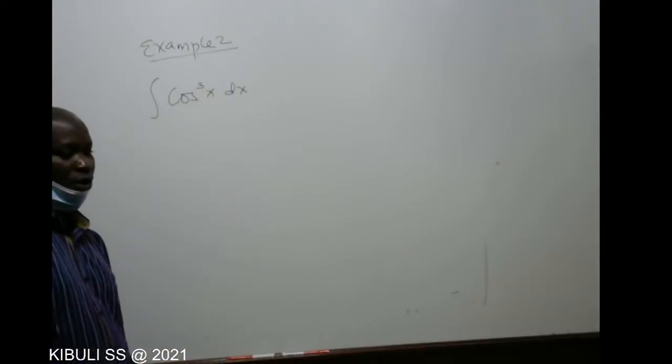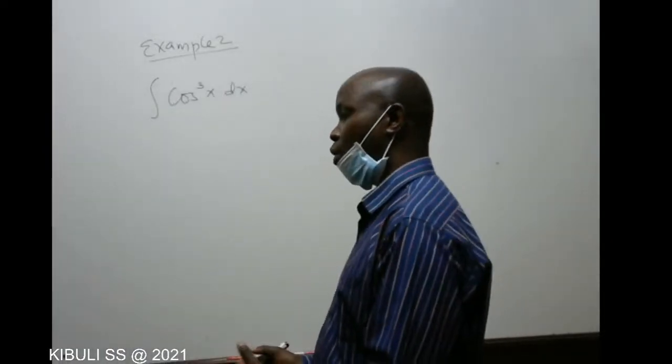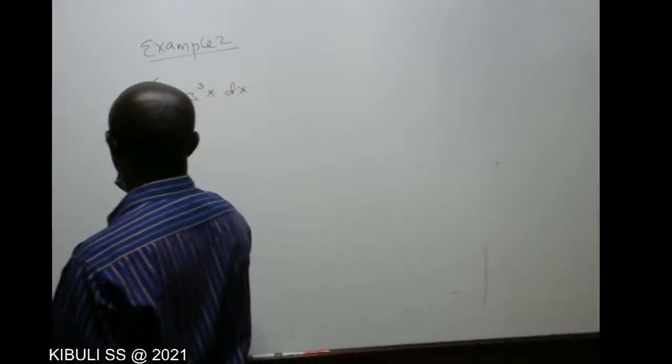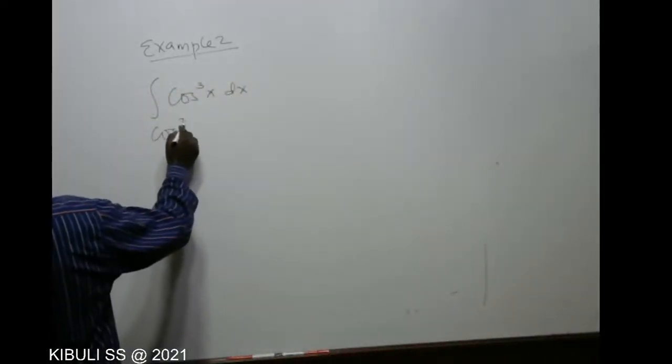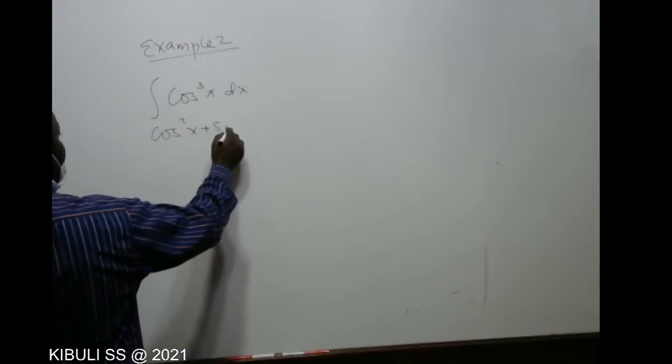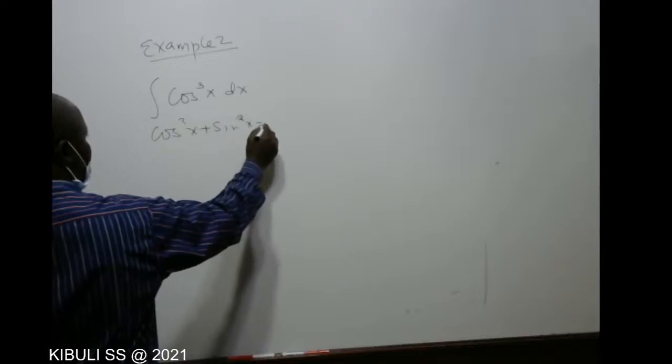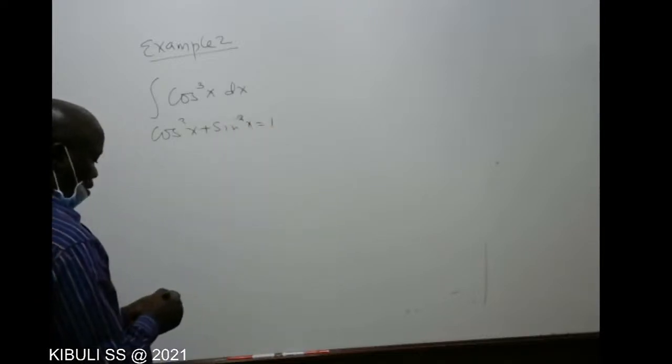The concept you can recall, as with an even power, is simple, with Pythagoras theorem. Pythagoras theorem is simply cos squared x plus sine squared x is equal to 1.